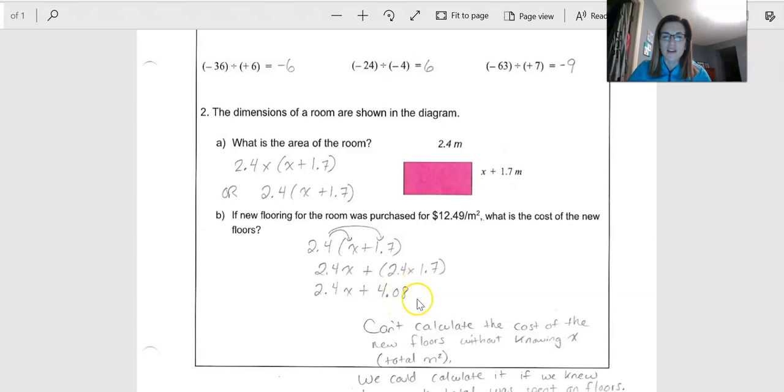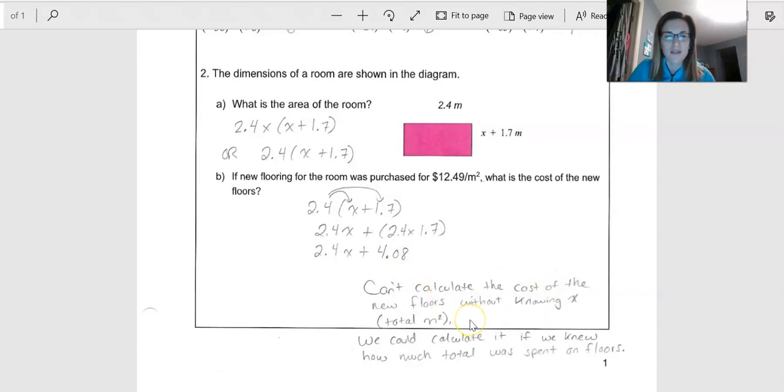Now, we can't actually calculate the cost of the new floors without knowing one of two things. If we knew what x was, we could calculate the total meters squared, and we could figure out with this price value how much those new floors would cost.